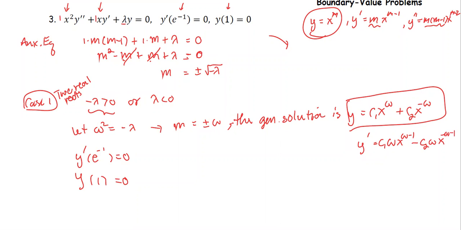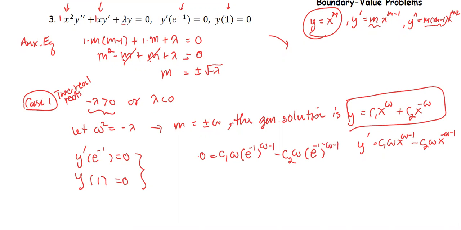So bring it to the part to find C1 and C2. At e to the negative first, y prime is 0. So 0 equals C1 omega times e to the negative first to the power omega minus 1, minus C2 omega times e to the negative first to the power negative omega minus 1.